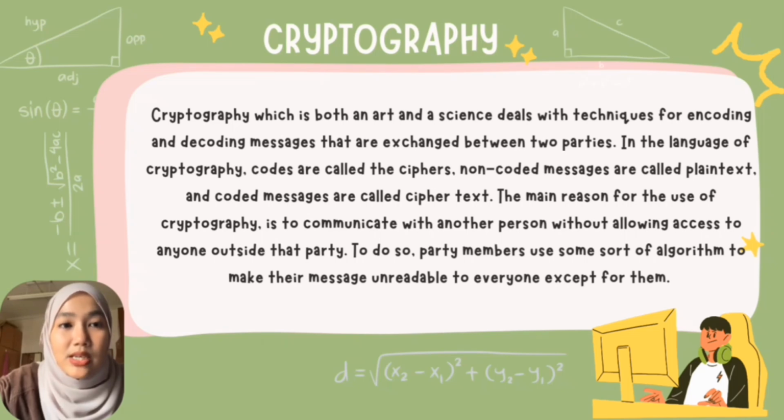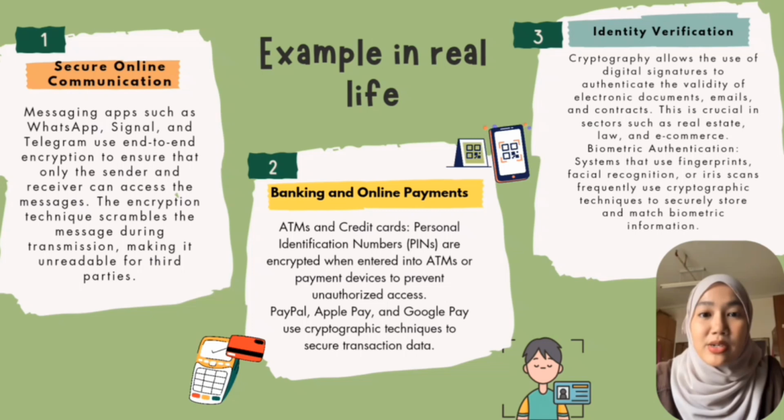The main reason for the use of cryptography is to communicate with another person without allowing access to anyone outside the party. To do so, party members use some sort of algorithm to make their message unreadable to everyone except for them.